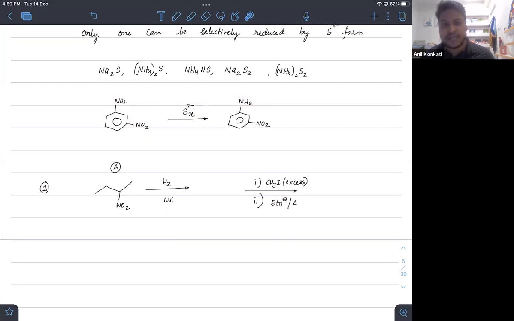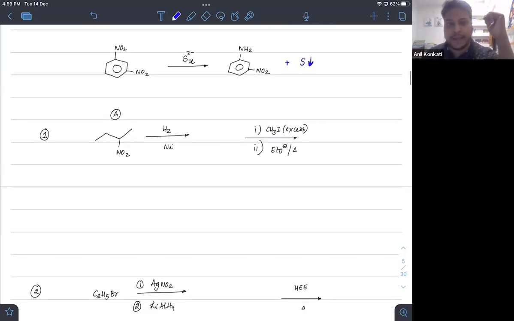Again, there is no clear mechanism for it, but the major product is always found to be this, and the sulfur will get reduced to colloidal sulfur. So this is the form which you will get. If there is a meta position, it will always give this selective reduction.